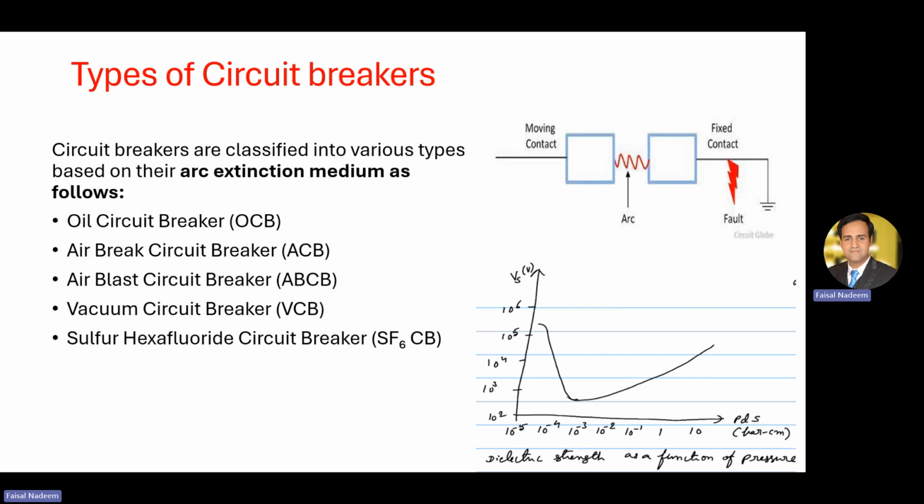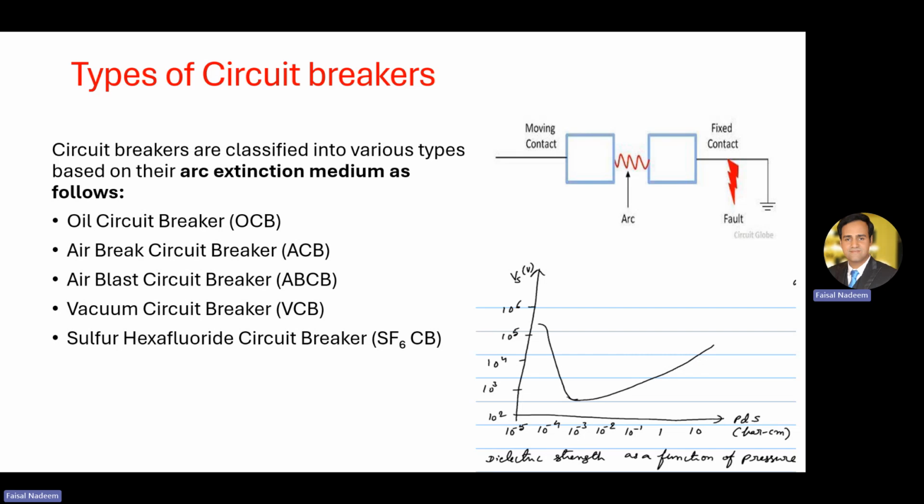So due to this long distance, they cannot initiate the generation of electrons in other molecules of the arc quenching medium. So at extremely low pressure of 10 raised to power minus 5 up to 10 raised to power minus 10, the dielectric strength of the medium is also high.